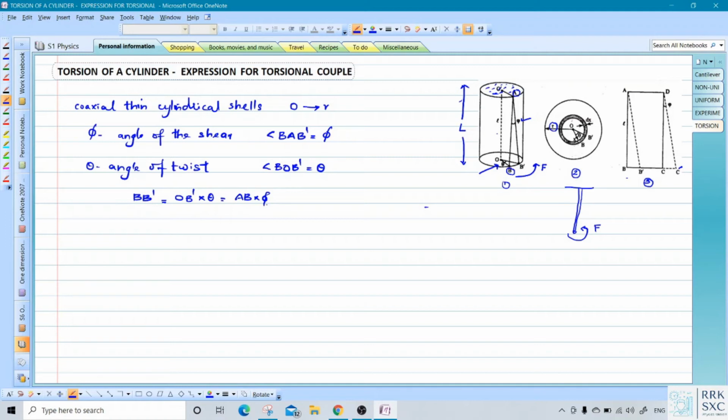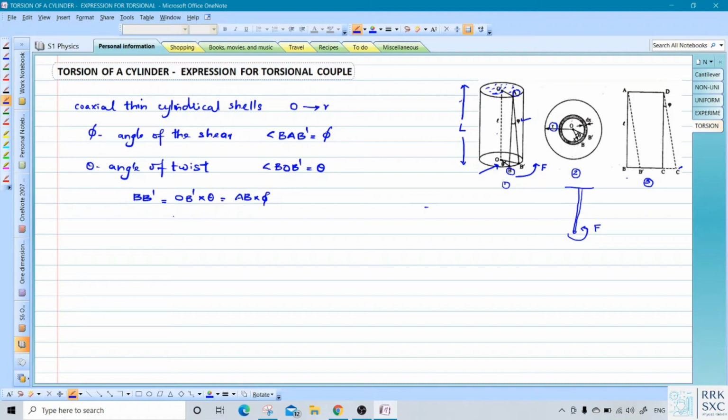Now what is OB dash? OB dash is X, as you can see from the second figure. That means you are assuming a cylindrical shell of radius X and thickness dx. That's the first cylindrical shell which you assume, radius X and thickness dx.